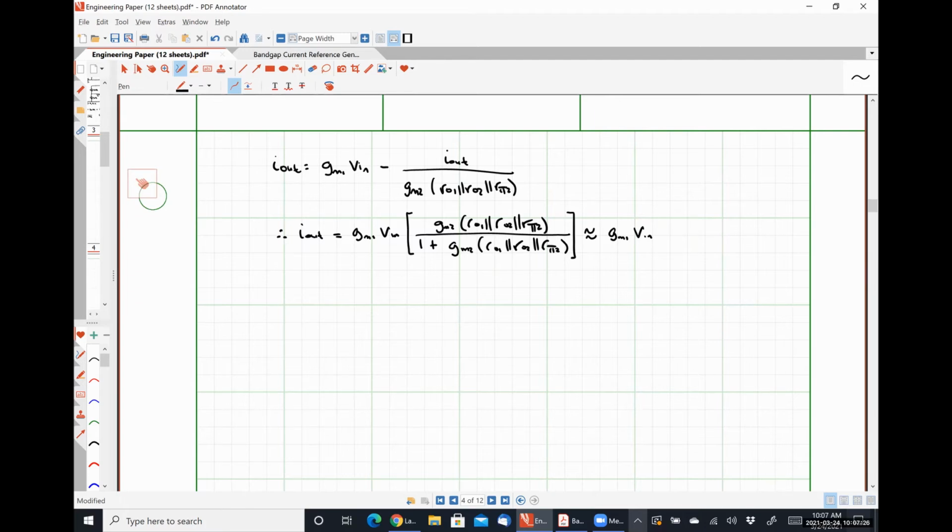So it's going to be awfully close to this. The short circuit transconductance of our cascode stage is approximately the transconductance of BJT Q1. That's the assumption we're going to make here, and that obviously makes the math much, much easier.